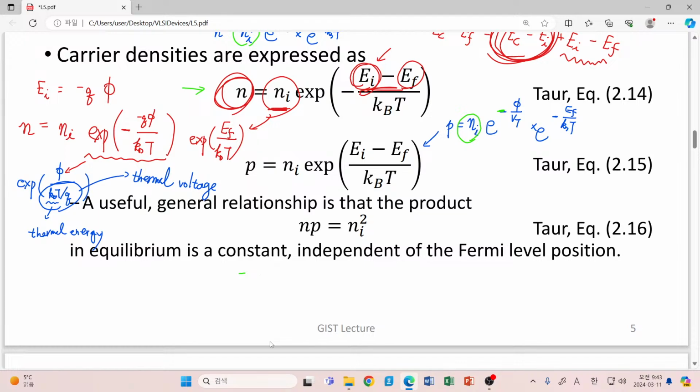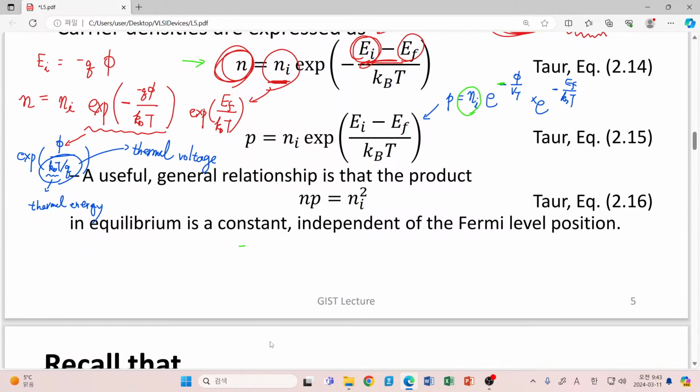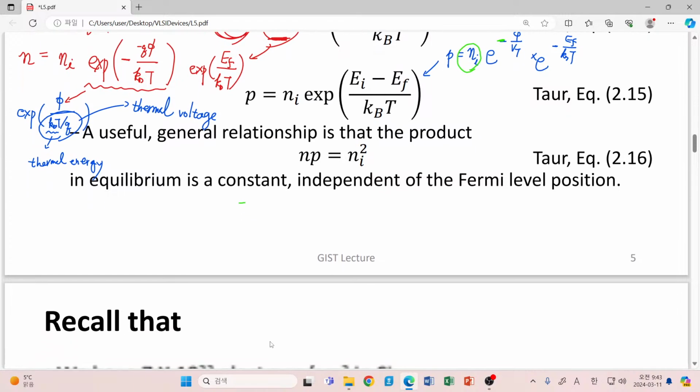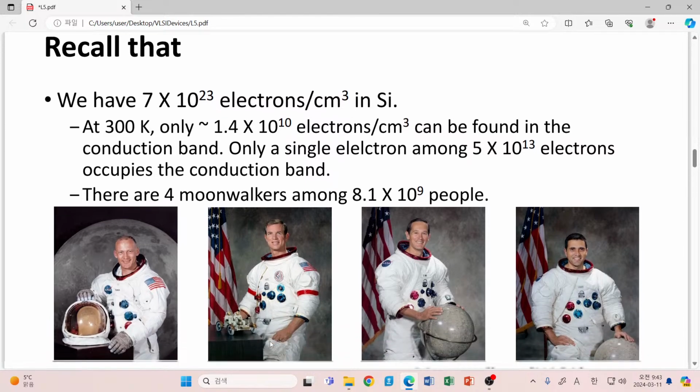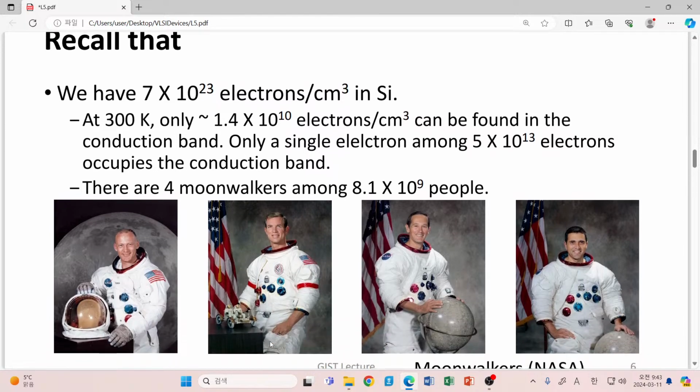Okay, now we have about 30 minutes, so I will try to explain other remaining things related to the doping densities. So yes, please recall that we have 7 times 10 to the 23 electrons per cubic centimeter.